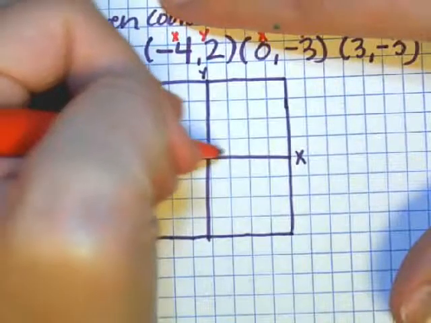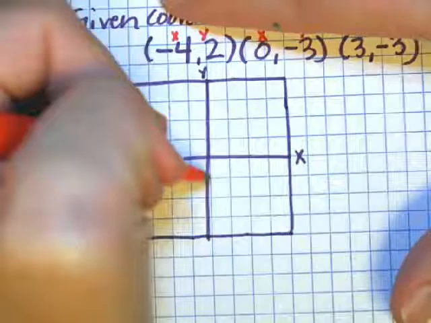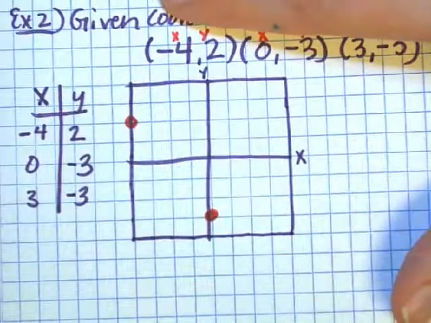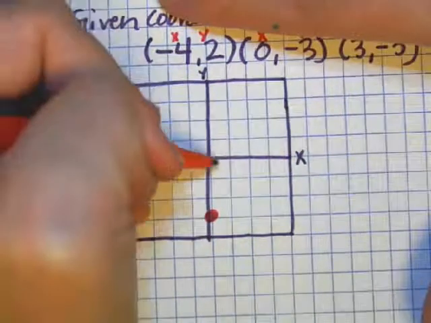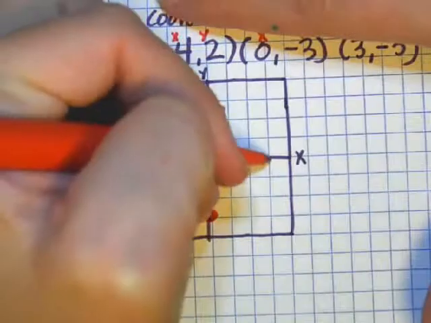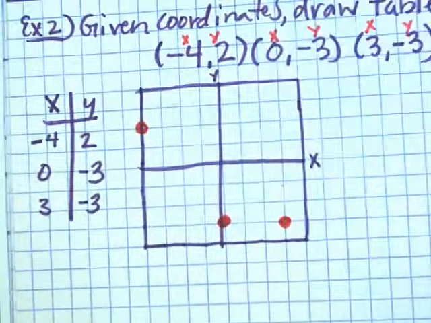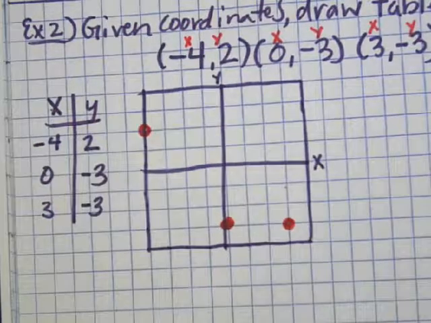I'm not going to move left or right on the x-axis because 0 means I'm going to move 0 spots. But I am going to go down 3 for the y. And then +3, -3. So forward 3 on the x, -3 y, so down 3. After you do your graph, it wants you to make a mapping.